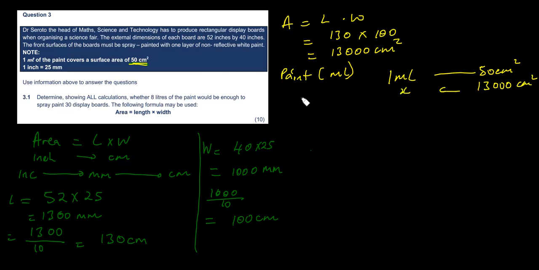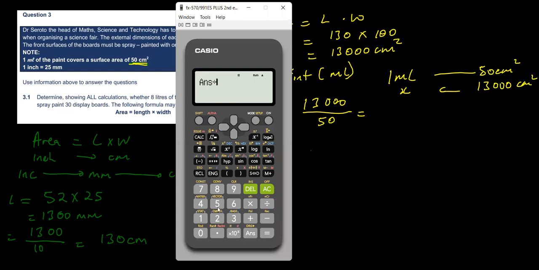So it means that you're going to say 13,000 divided by 50. What do we get there? We want to get how many mils do we need.